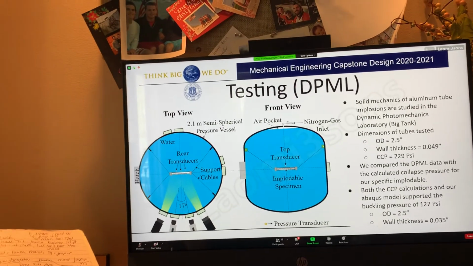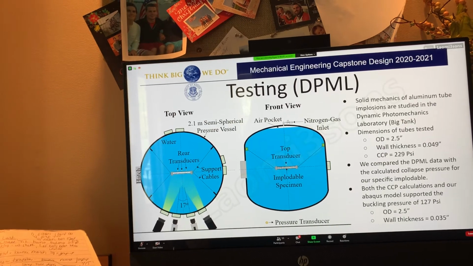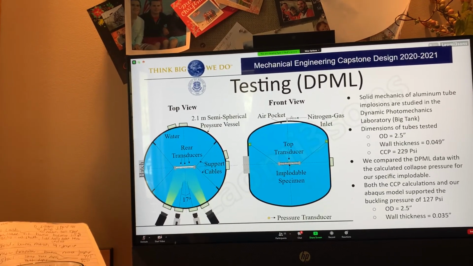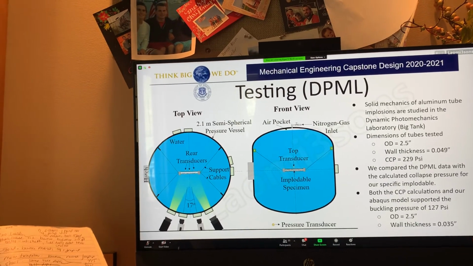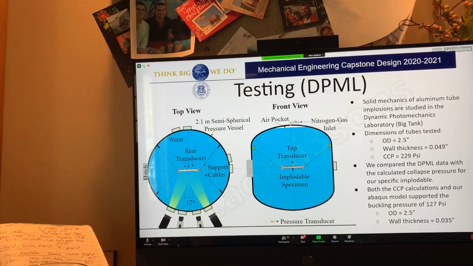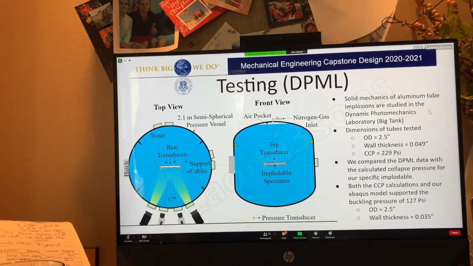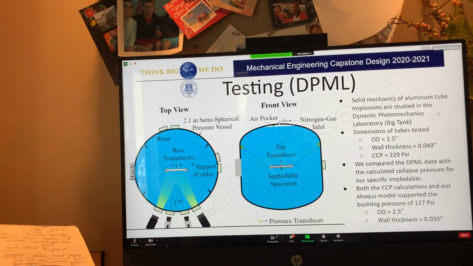As you can see in this diagram, the tube has some speckling, so it's literally just black dots facing the cameras. That is so the cameras can pick up the speckles and later be transferred into a 3D digital image correlation software.